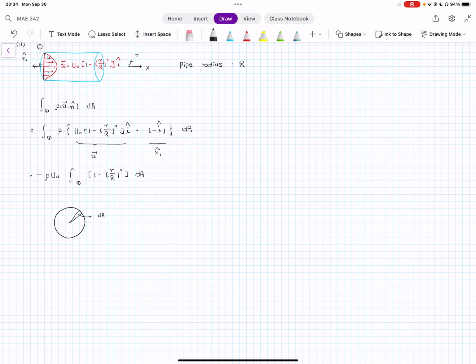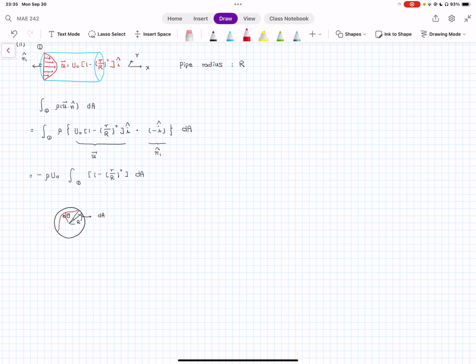This is a dA. Can we express this dA in terms of r, and is that going to be useful? So this is dA, so radius is r, and for this area, the corresponding infinitesimally small arc length is r times d theta. This seems to be useful, but there is a problem, because the integrand, which is 1 minus r over R squared, is a quantity that's varying along the radial direction. In other words, fluid velocity is changing along the radial direction parabolically.